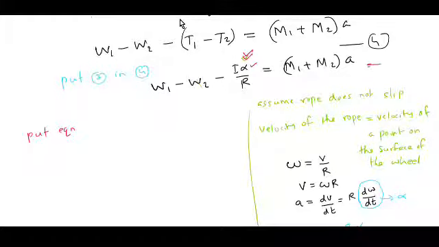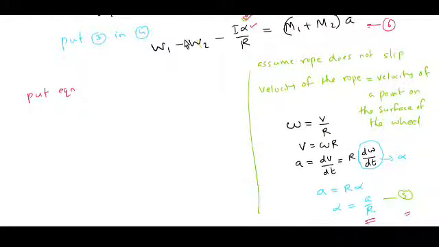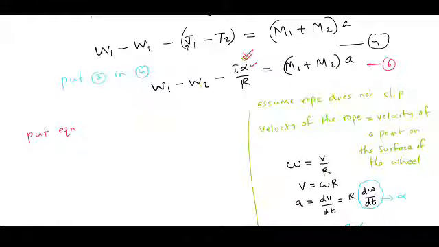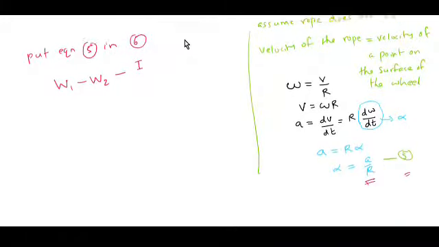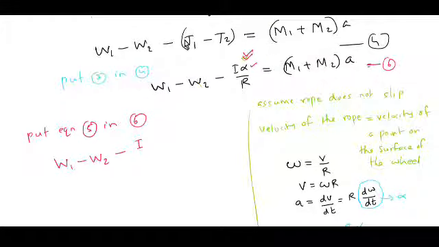Okay, maybe you can write this as equation 6 and the down one is equation 5. Put equation 5 in equation 6. This replace alpha, W1 minus W2, I. Alpha is nothing but A by R. Here one more R is there in the denominator, so this is R square.